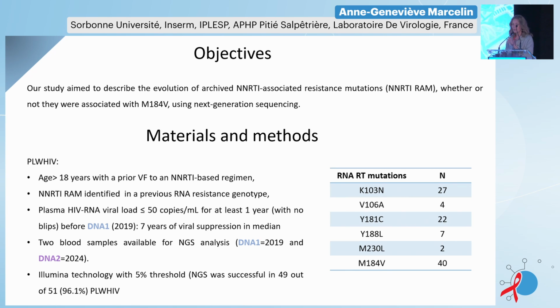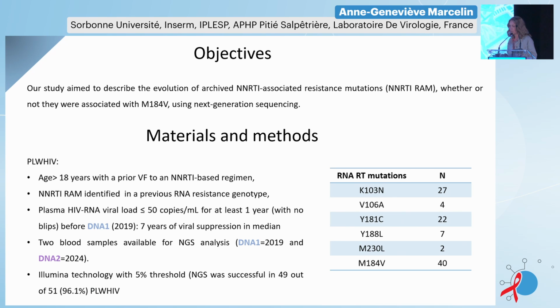So the objective of our study was to describe the evolution of archived NNRTI-associated resistance mutations, whether or not they were associated with 184V, using next-generation sequencing. We enrolled people living with HIV older than 18 years, with a prior virological failure to an NNRTI-based regimen.